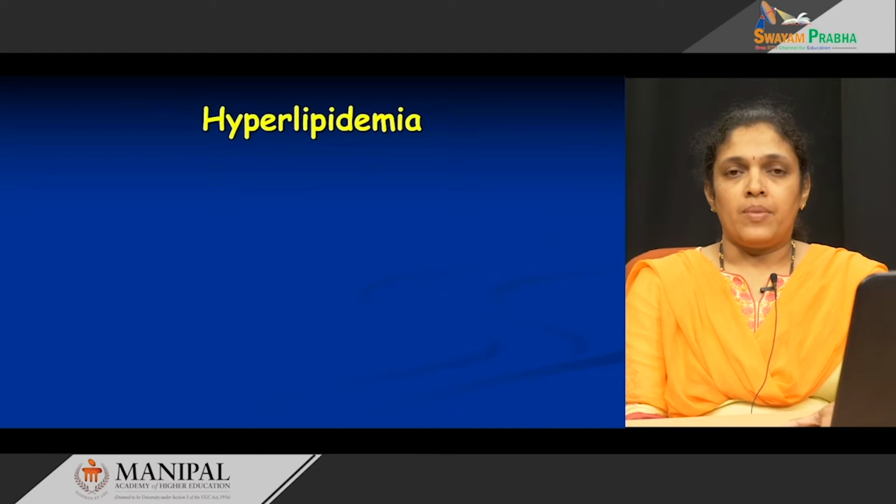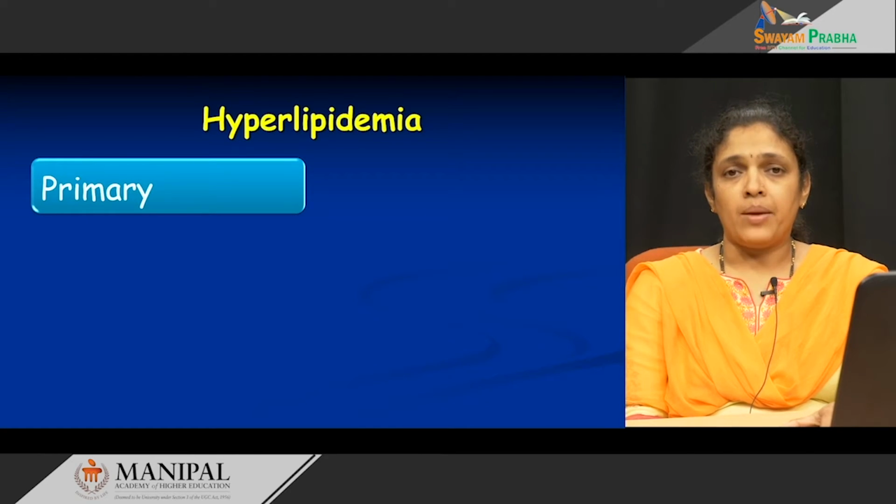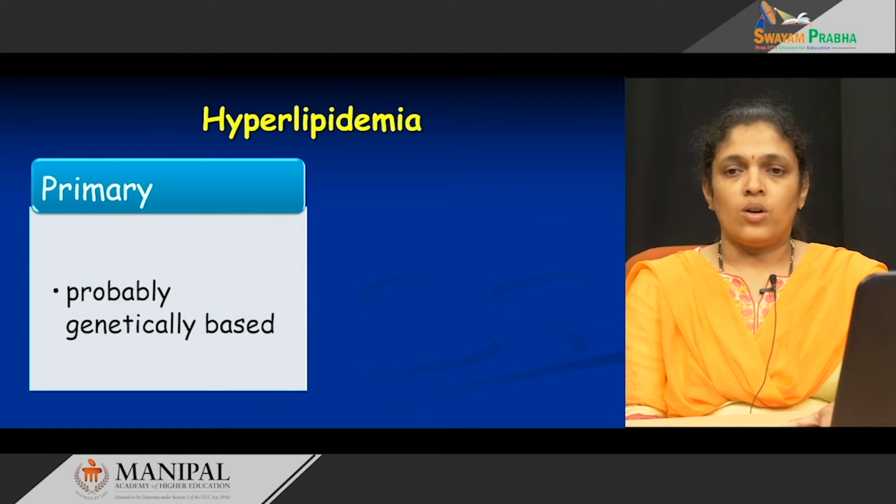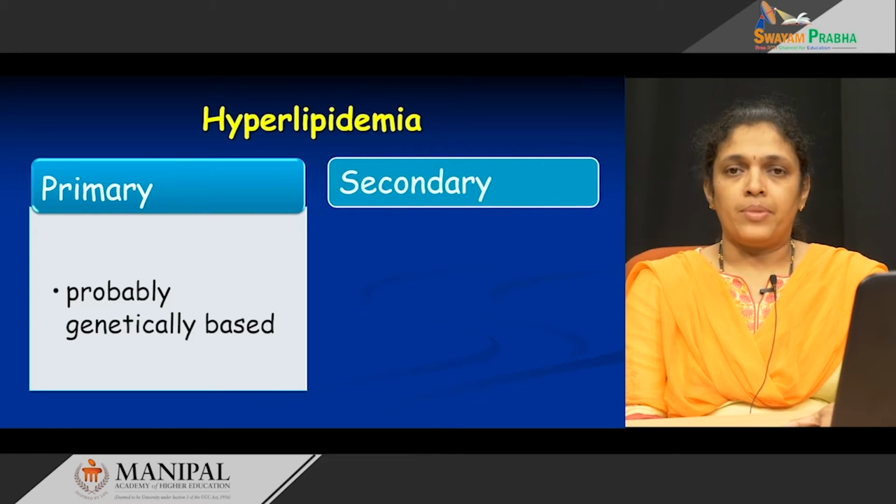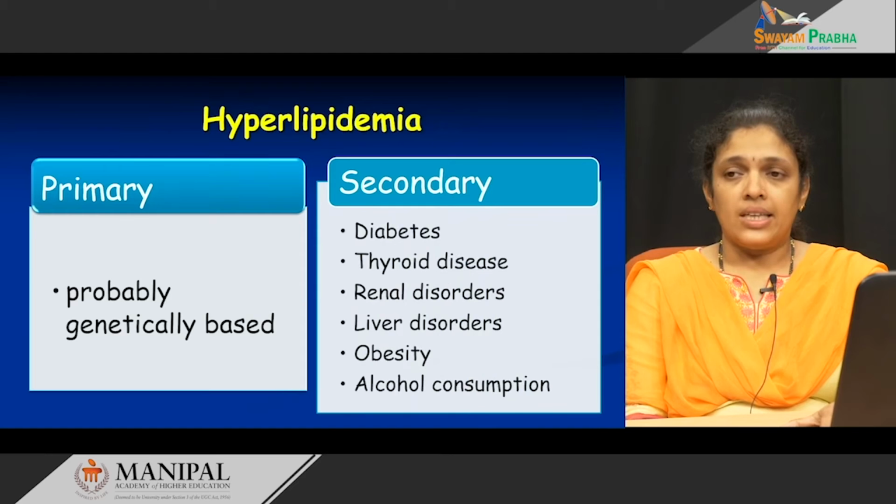Hyperlipidemia can be further classified as primary, which means the cause is not known. Most of the time the cause is genetic, leading to primary hyperlipidemia. The other type is secondary hyperlipidemia, which is secondary to certain diseases like diabetes mellitus, thyroid diseases, renal disorders, liver disorders, obesity, or when an individual consumes excess alcohol.